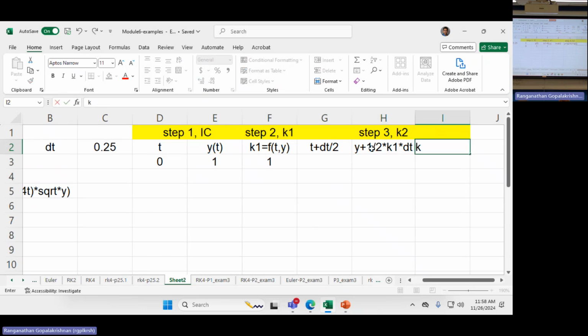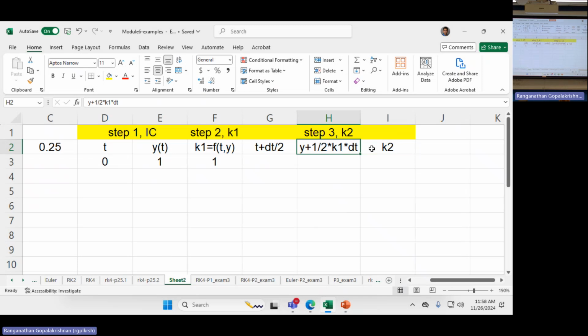So K2 will be calculated using this value of time and y. Don't put any values directly. Always use a formula. Meaning, if I want to do t plus dt over 2, I know it is 0.125, but I won't enter it as 0.125.